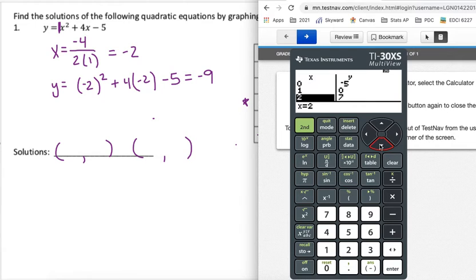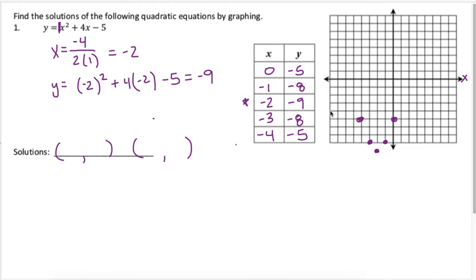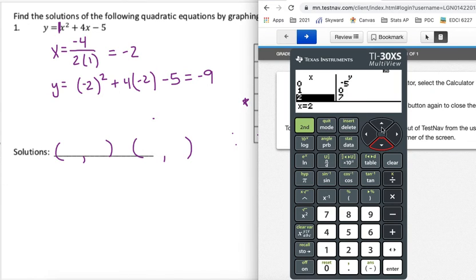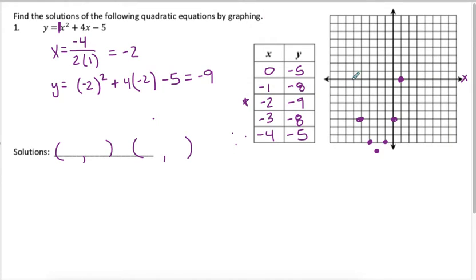And again, I got that pretty quick. 1, 0 is going to be 1 here, which means there should be 1 on the other side at -5. So again, I'm going to use my calculator to make sure that if I go to -5, that's my other 0. And it is.